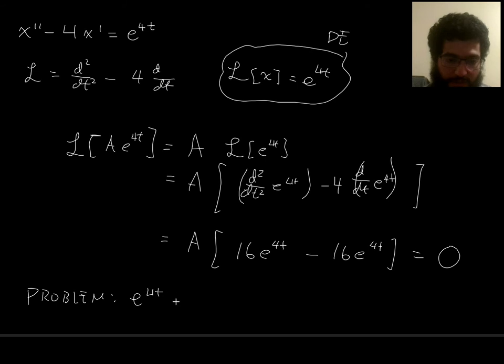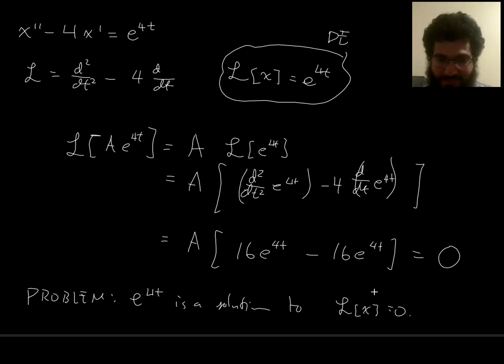E to the 4t is a solution to L x equals 0, the homogeneous version of this. That is the problem. To say e to the 4t is a solution to this is just a fancy way of saying L of e to the 4t is 0. That's what we're observing, right?